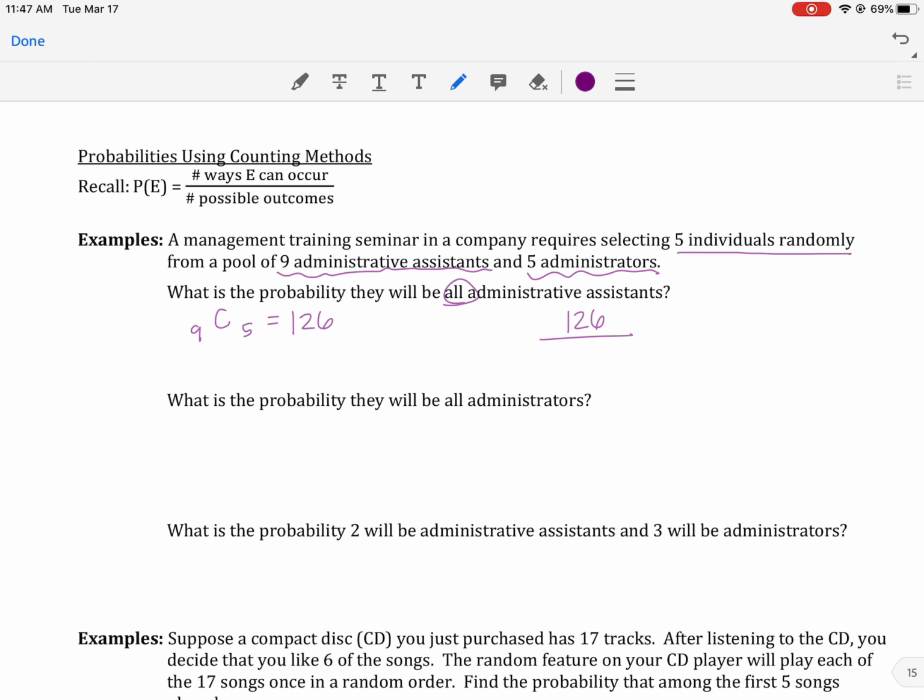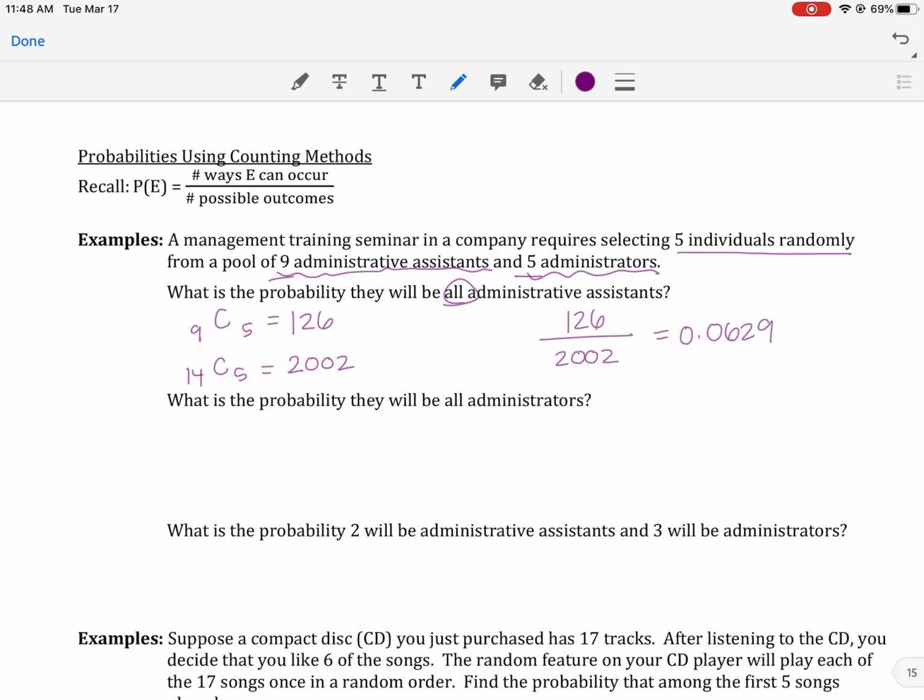That's how many ways we can get all administrative assistants. And then we're talking about the possible outcomes. So there really is a total of 9 plus 5, which is 14 people, and we are choosing 5 of them. If we do 14 choose 5, we get a total of 2,002 possibilities. So as I divide these two, I end up with a probability of 0.0629.